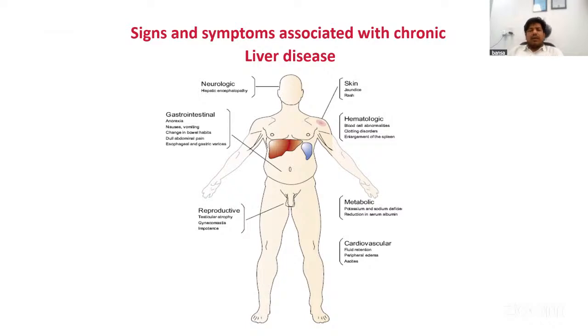Neurological in the form of hepatic encephalopathy, skin diseases in the form of jaundice and rash, hematology in the form of thrombocytopenia, pancytopenia, clotting disorder, raised PT INR, enlargement of the spleen, hypersplenism, metabolic in the form of hyponatremia, hyperkalemia, and reduction of serum albumin, cardiovascular fluid retention, ascites, edema, reproductive system and testicular atrophy, gynecomastia and impotence, GI disturbance, anorexia, nausea, vomiting, change in bowel habit, dull abdominal pain, esophageal gastric varices.